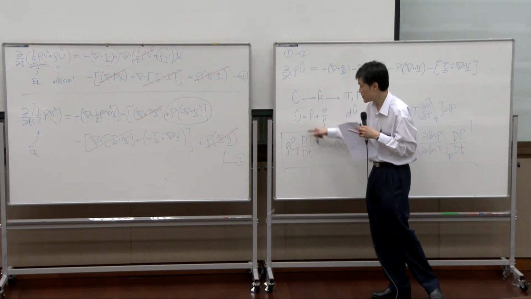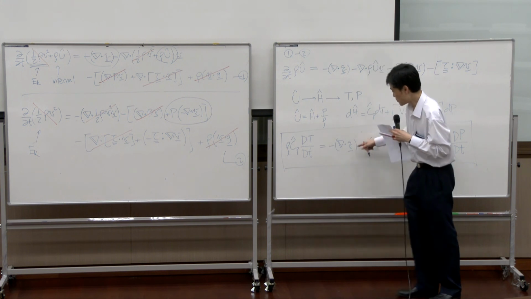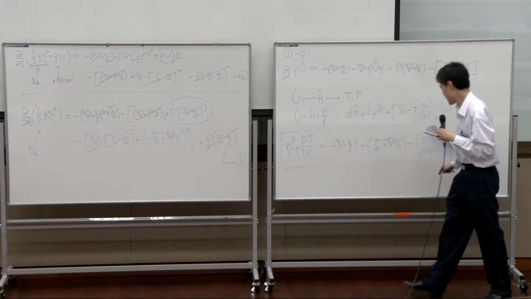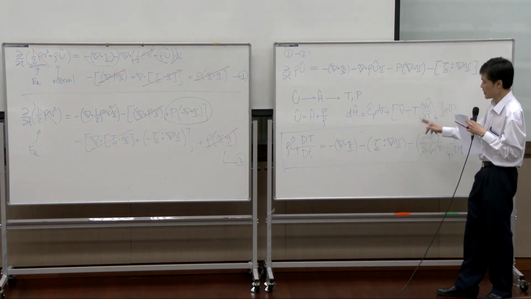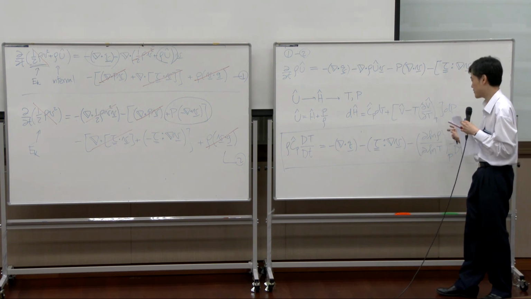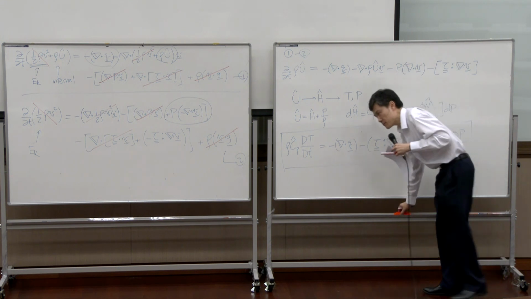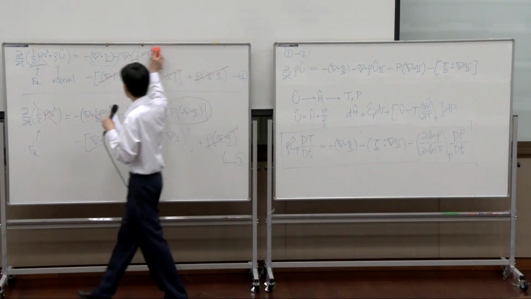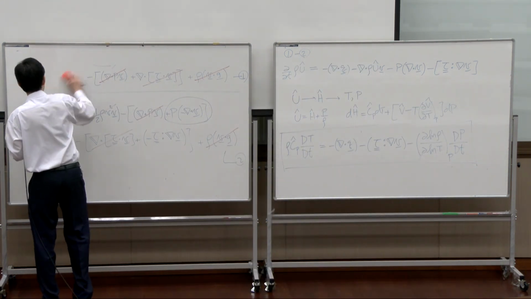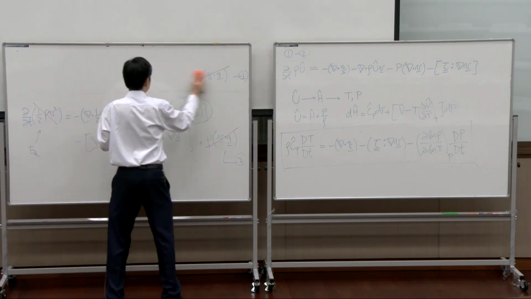So this term is about convection. This term is definitely conduction. These two terms are somewhat relating to work, okay? But if we consider special circumstance, we can reduce this complication a little bit.